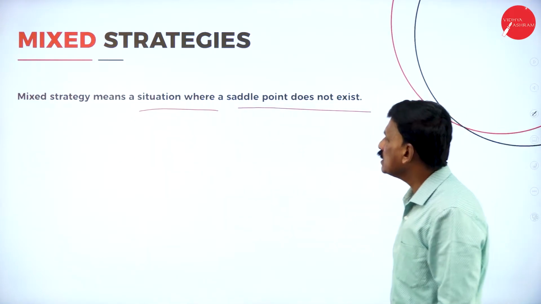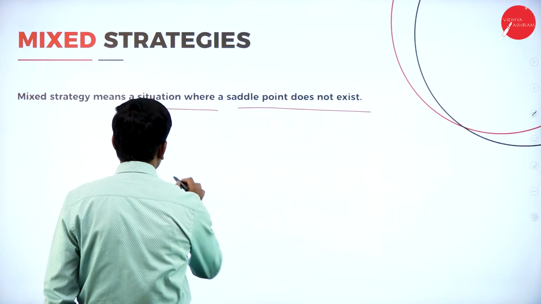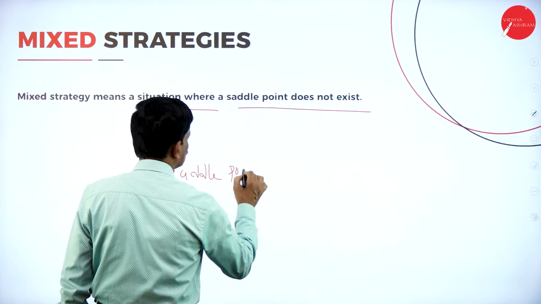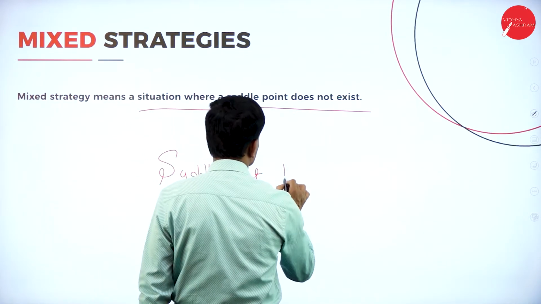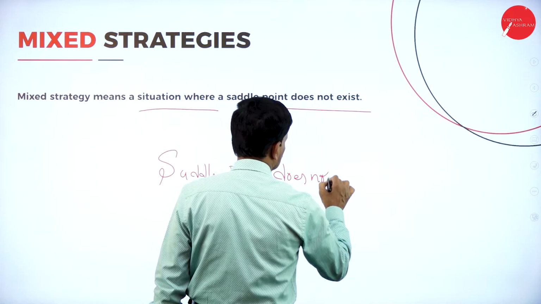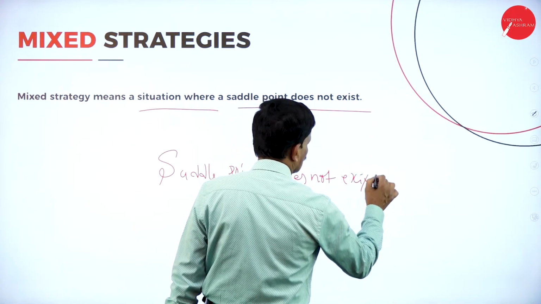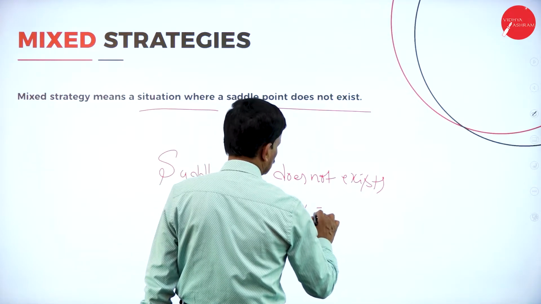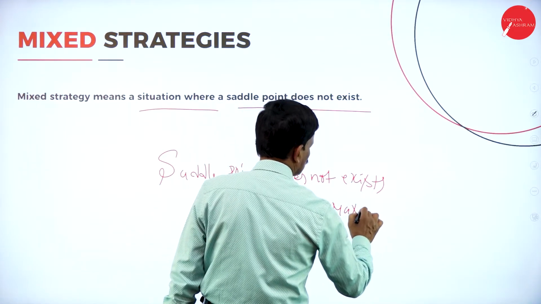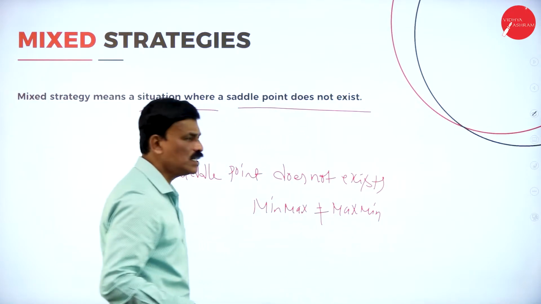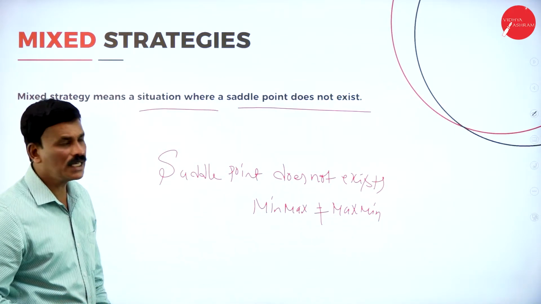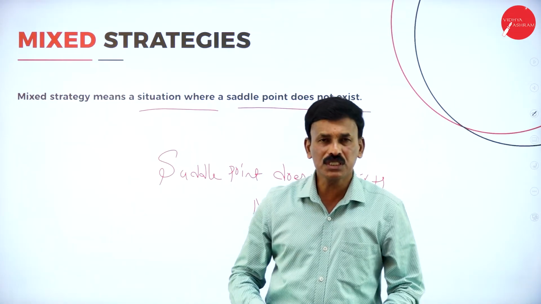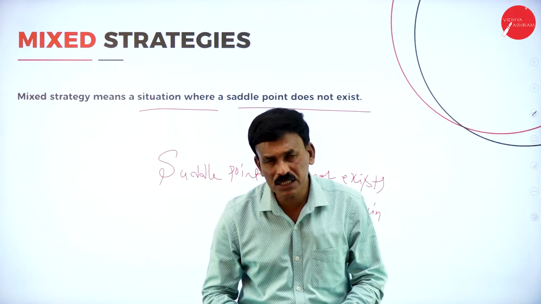So when maximin is not equal to minimax value, the strategy is called a mixed strategy. So these are the few concepts regarding this game theory.